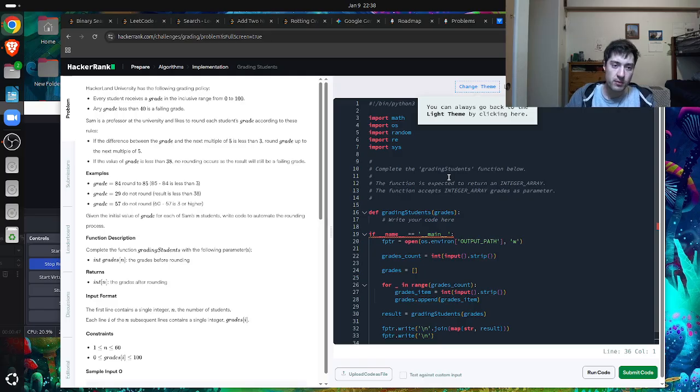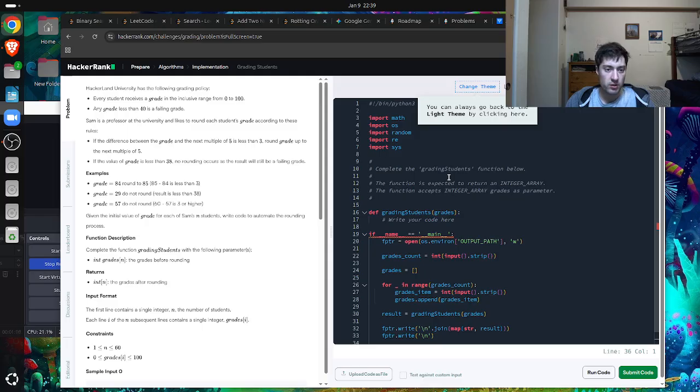Okay. Hackerland University has the following grading policy. Every student receives a grade in the inclusive range from 0 to 100. Any grade less than 40 is a failing grade. Sam is a professor at the university and likes to round each student's grade according to these rules.